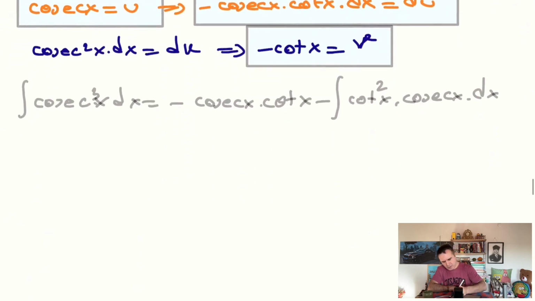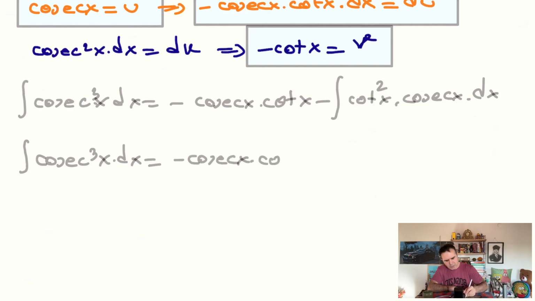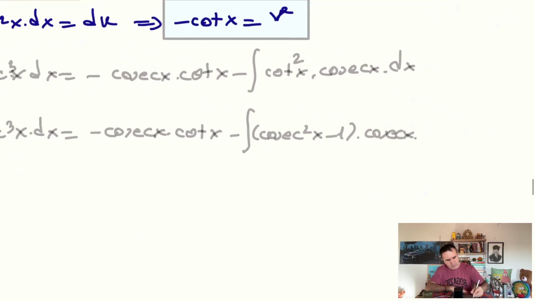Then the integral of cosecant cube x dx will be equal to minus cosecant x cotangent x minus the integral. Okay, we know that cotangent square of x is cosecant square of x minus 1. Again, we will write here cosecant square of x minus 1 times cosecant x times dx.